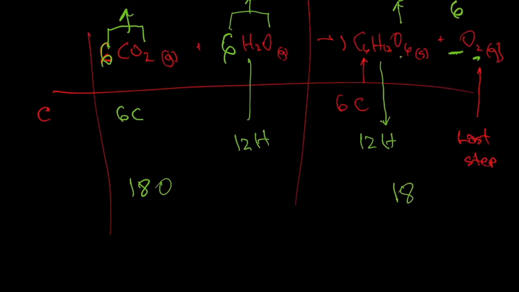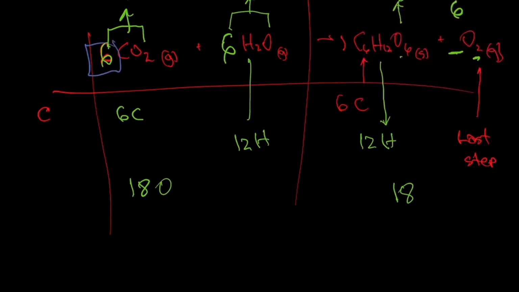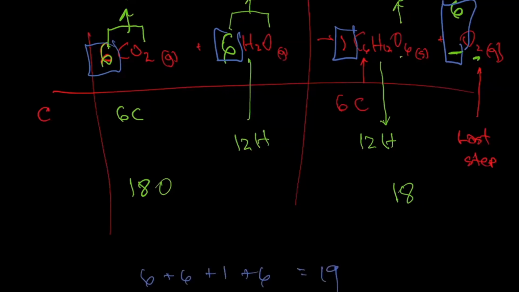So that would be the balanced equation: 6, 6, 1, 6. And the sum of the coefficients would be 6 plus 6 plus 1 plus 6. That's 19. Okay, so that's basically it.